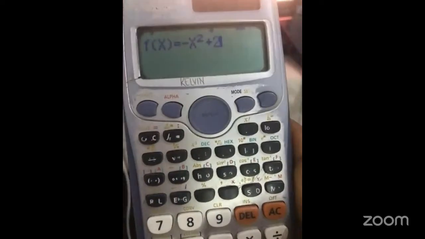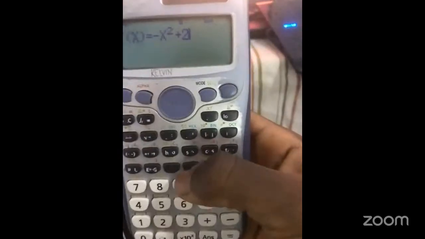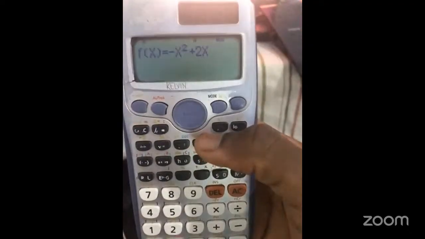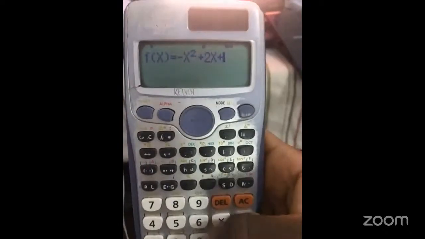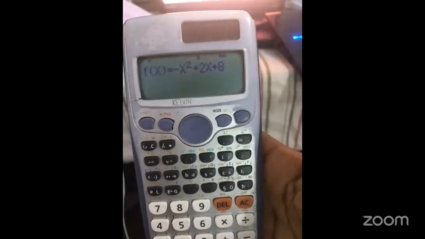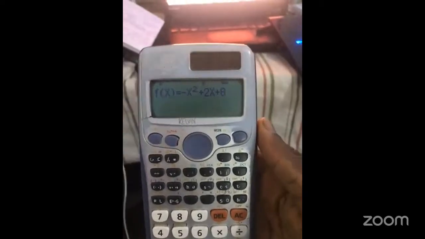Plus 2, you use the same way. Alpha, your x. Plus 8. Have you been able to get this? Okay. Now you press enter.